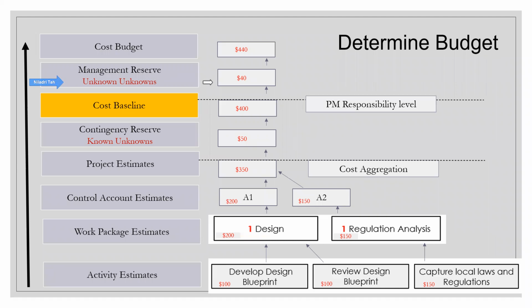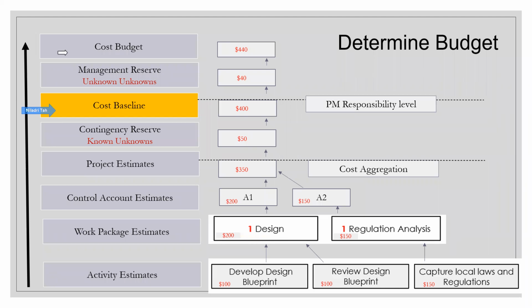So they will say, okay, we will add a little more, maybe 15% or 20% of the overall cost baseline, and then it becomes something called the cost budget. So your cost budget is $440. But the cost baseline is what the PM knows and shares with his stakeholders. This part is kept with the management. The PM will not know this.